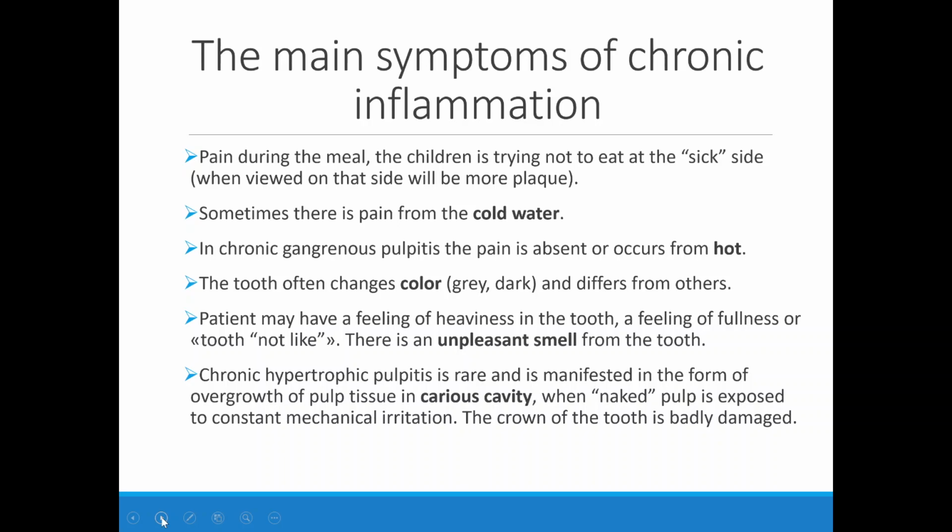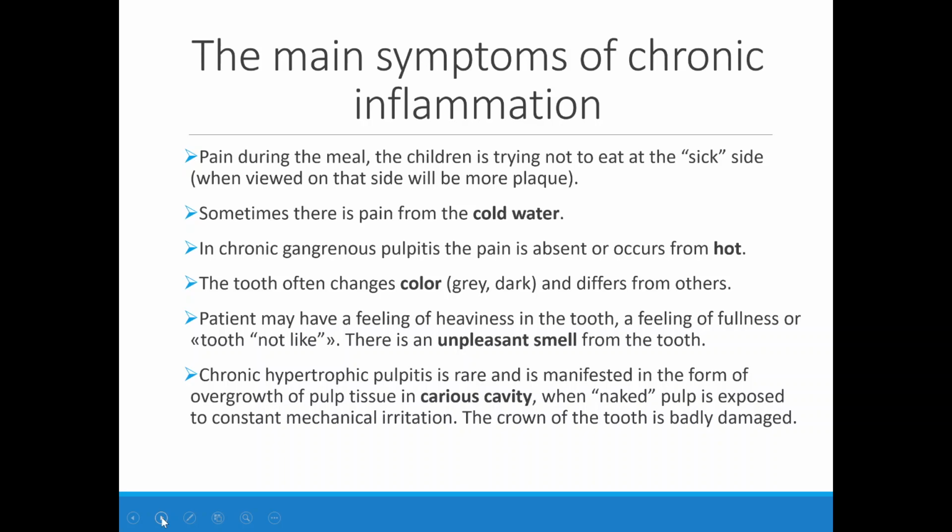Sometimes there is pain from cold water. In chronic gangrenous pulpitis, the pain is absent or occurs from hot. Please remember, this is a differentiating sign of this pulpitis.